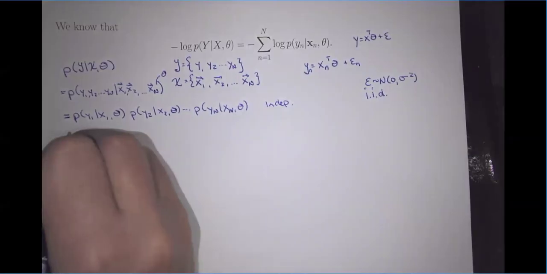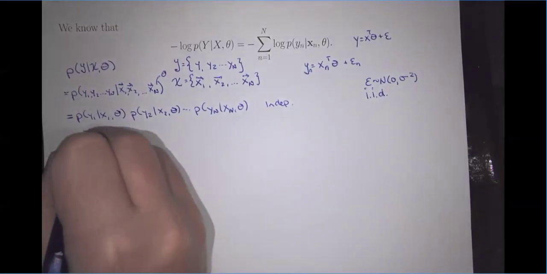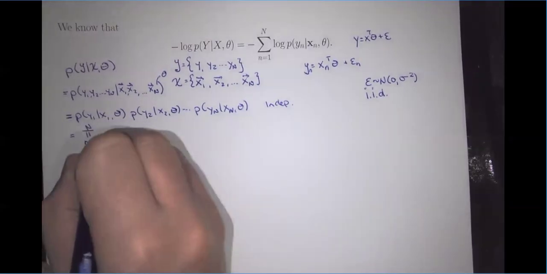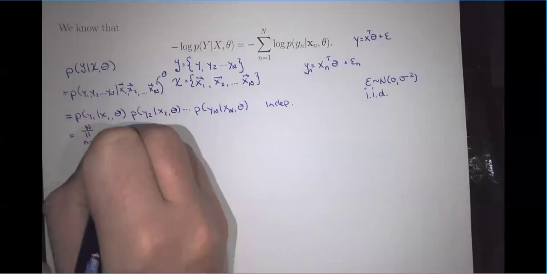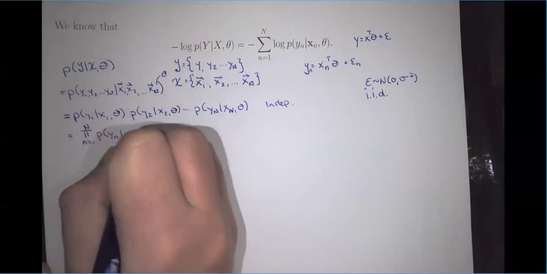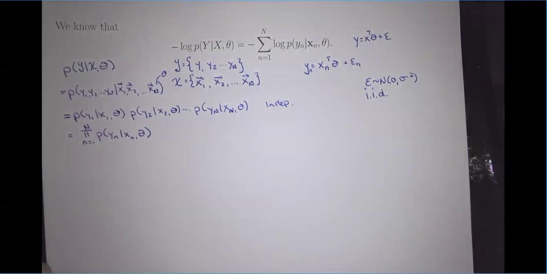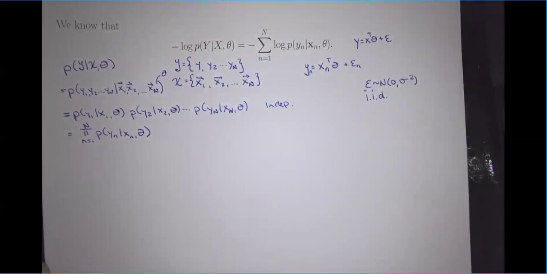So then this should be the product from n equals 1 to n of the probability of yn given xn and theta. Just writing it out in a more compact way.